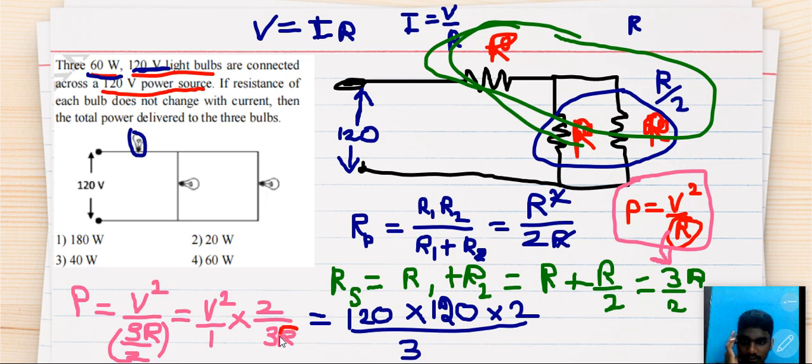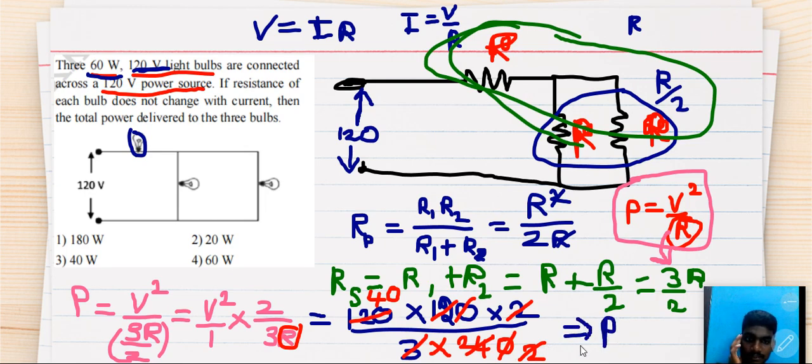Instead of this R, I'm going to write 240. This gets cancelled, this gets cancelled by 2, and this 2 gets cancelled, and this gets cancelled by 40. Finally, the resultant power is going to be 40 watts. That is option 3, the correct answer for this question.